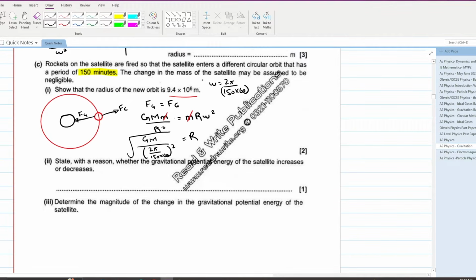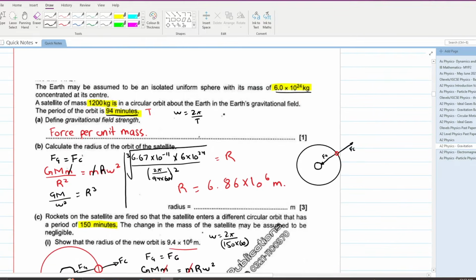Chalo, I have the calculations already done here because, one second, oh, I haven't done this calculation. Let me grab the G and M values from above. 6.67 into 10 raised to the power minus 11 multiplied by 6 into 10 raised to the power 24.